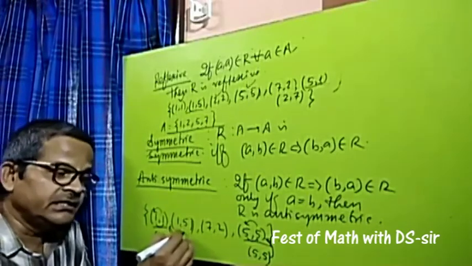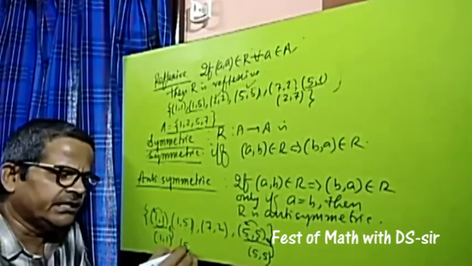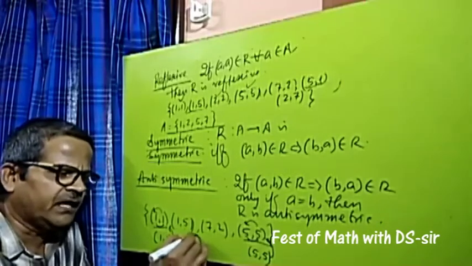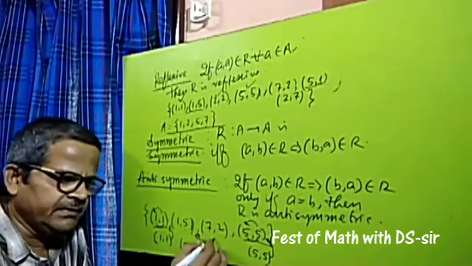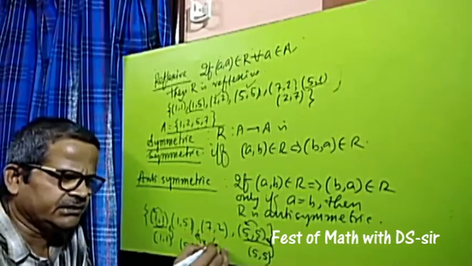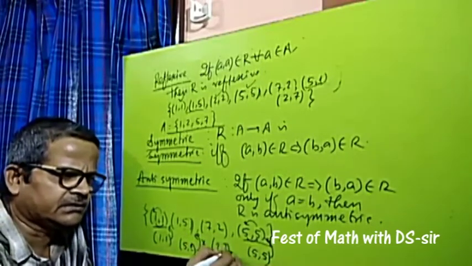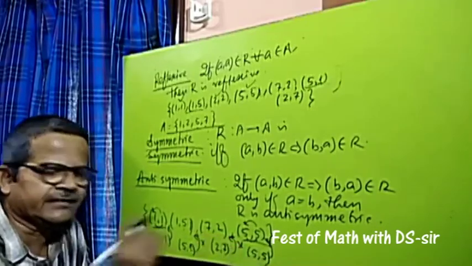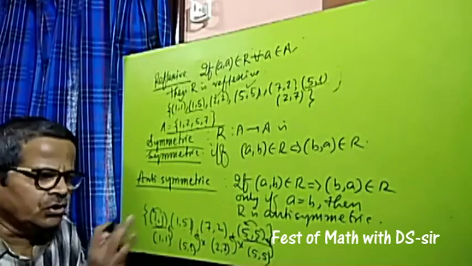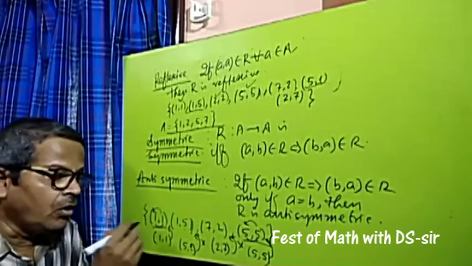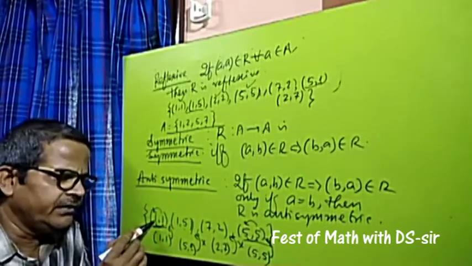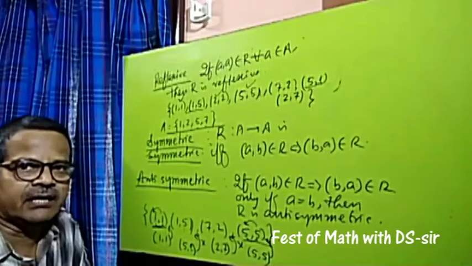But on interchanging these two, we get (5, 1). Now see, (5, 1) is not in this set. Similarly, on interchanging these two, we get (2, 7), but (2, 7) is not there. So this relation shows the symmetric property only when pre-image and image are equal.